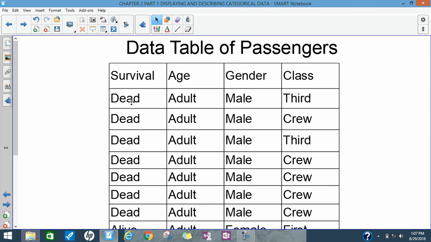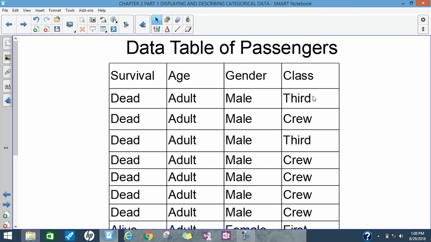Okay, so we can see if the person survived, which age category they were in, if they were an adult or a child, their gender, and then what class they were in. So class meaning they're a first class passenger, and you can think about airplanes, first class passengers, typically the more wealthy passengers.